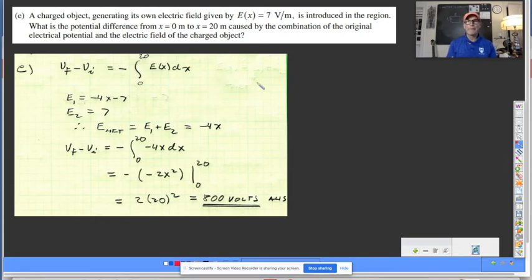So we're going to commingle these electric fields, the charged object's electric field with the original one. So this involves the superposition principle. So we're going to add these electric fields up. The definition of potential difference, especially if you have a variable electric field, is the integral of Ex dx.